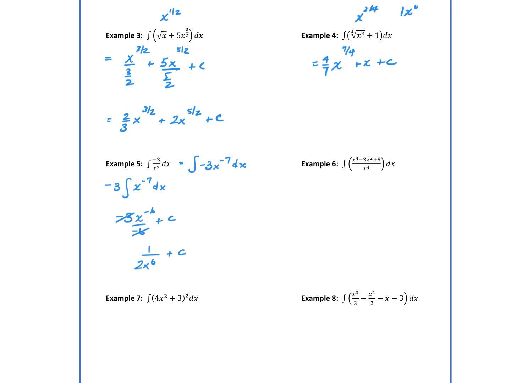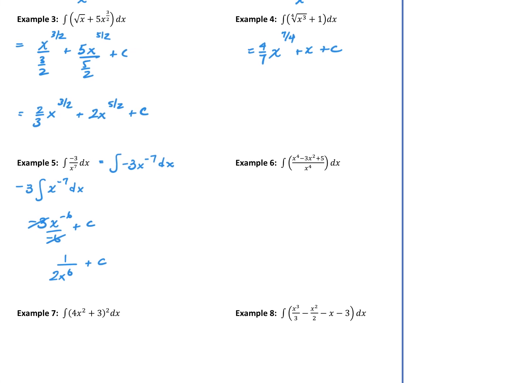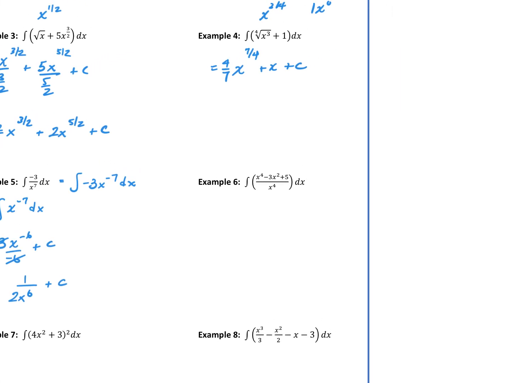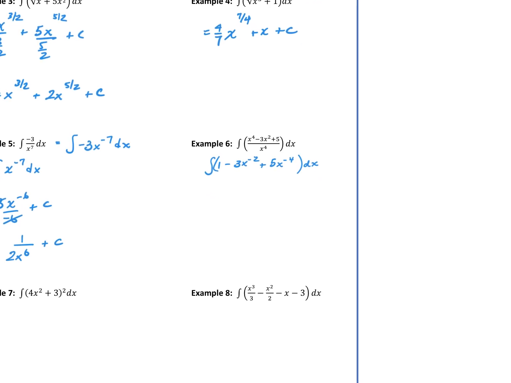So for this one, I'm going to want to rewrite it. So we've got the integral of 1, because I'm going to do x to the 4th over x to the 4th, and then minus 3x to the -2, and then plus 5x to the -4. And then we just integrate term by term.